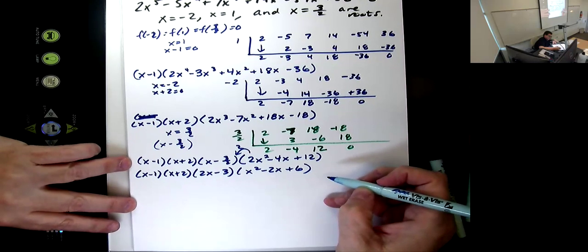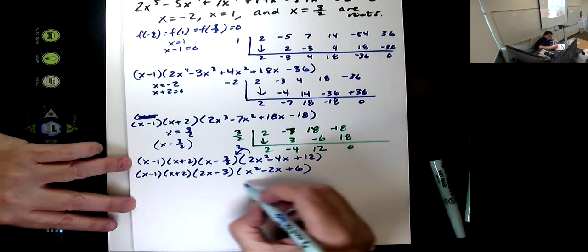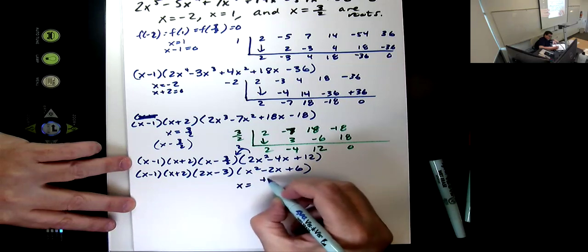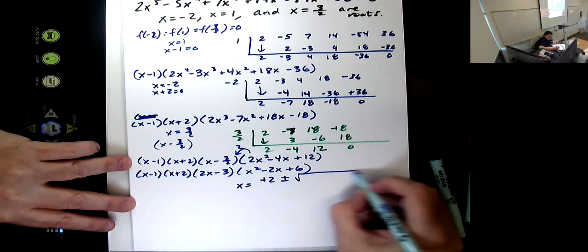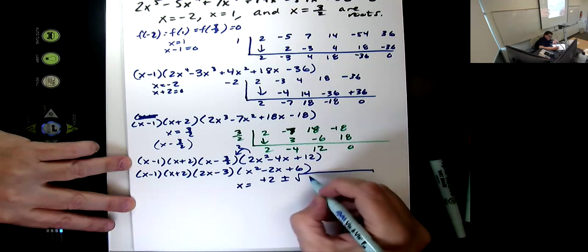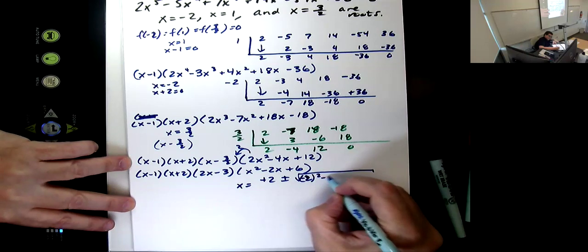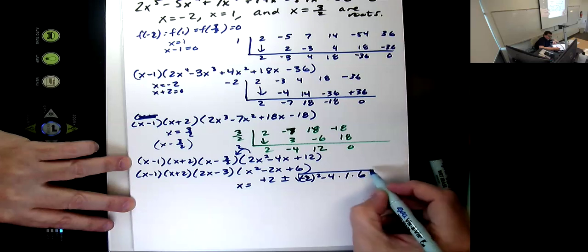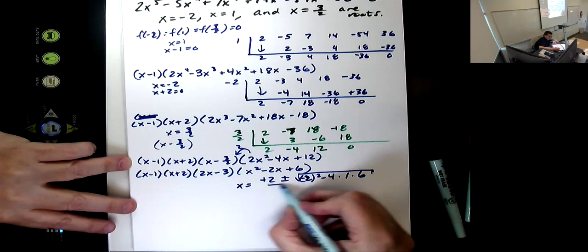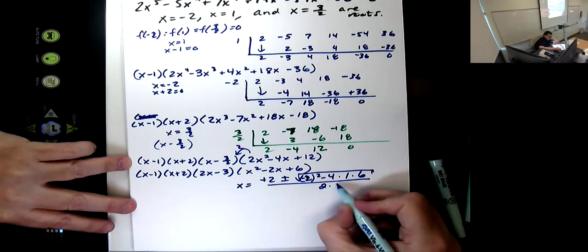So, negative b plus or minus the square root of b squared minus 4 times 1 times 6. It's gonna be complex. All over 2 times 1.